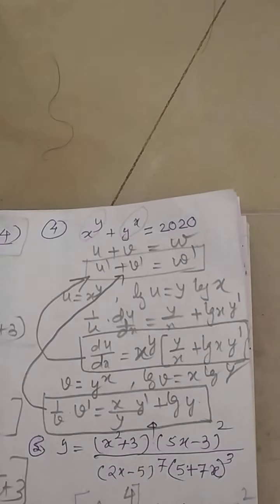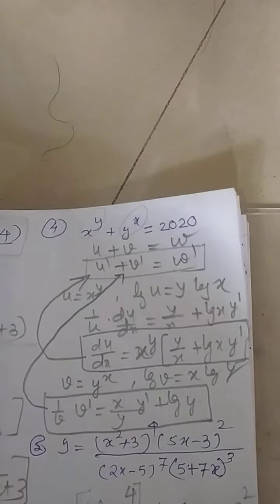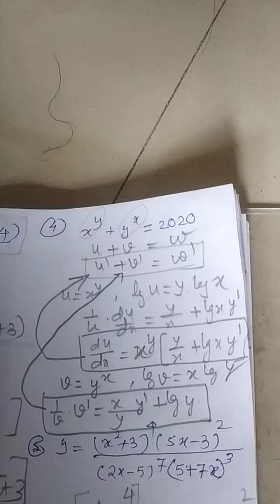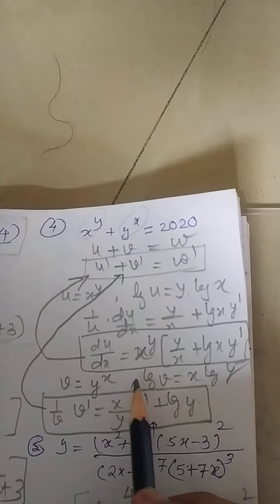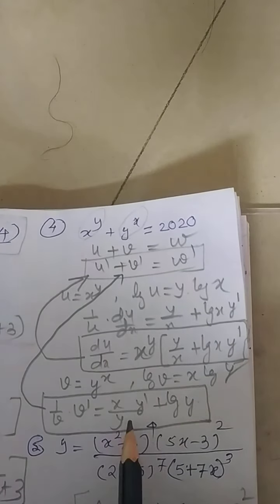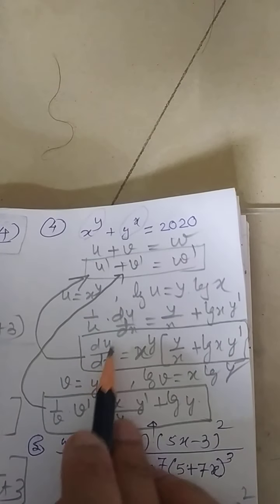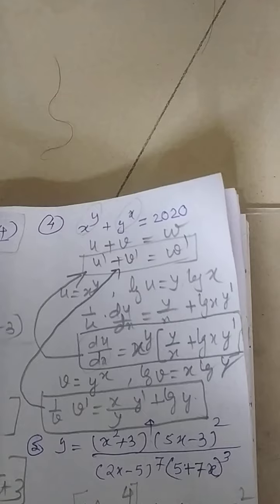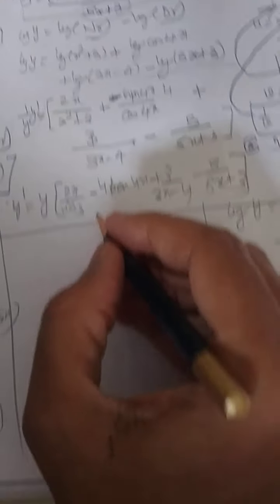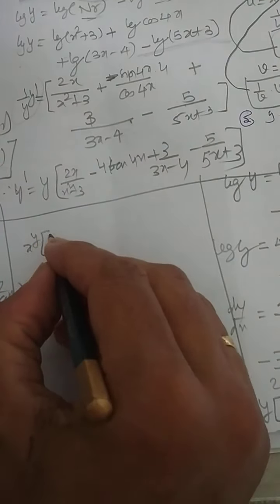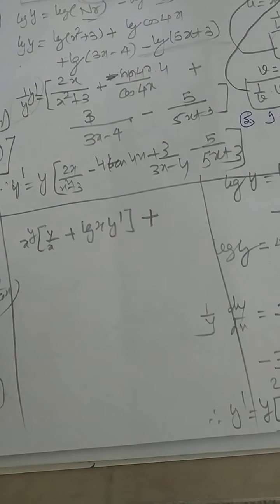Now we'll replace there, because this question is a combination of two things. It is a combination of an implicit function also. Now how? Look here, because you are getting y dash in two places, so I am replacing u dash first in the expression. I know the value of u dash. So look here, x raised to power y into y by x plus log x into y dash plus, you know the value of v dash.